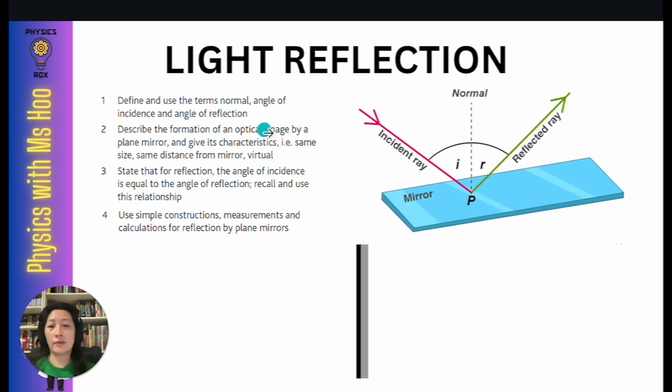So for number 2 and number 4, in terms of drawing the optical image, when drawing, always use a ruler. Okay, I know these lines are not exactly straight. Please use a ruler. I'm not drawing with a straight line now because I want to wrap this video up as quickly as possible. Using your protractor, you should measure out the angle of incidence and reflection for each respective light ray.